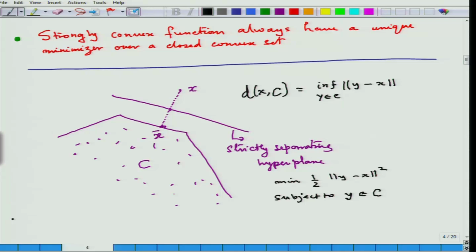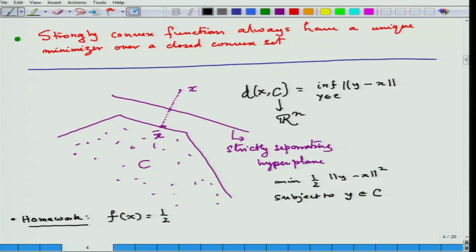So, homework is as follows. Of course, in our general writing, y and x are all in Rn. So, this set C is in Rn. In our general writing, we will write everything in terms of general spaces, though explanations would be in R2.